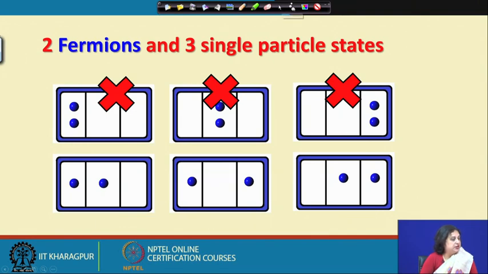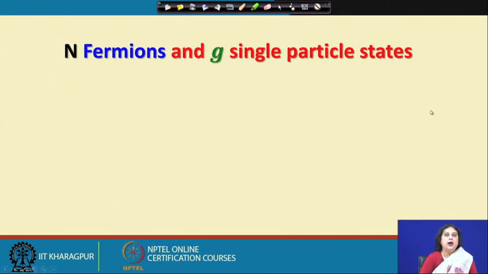Now, these are actually very simple systems where I have been using a countable problem, in the sense that I have 2 fermions, 3 single particle states and so on and so forth. But actually the problem comes when you have a very large number of particles.